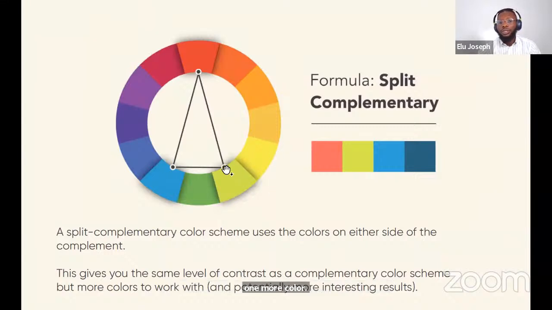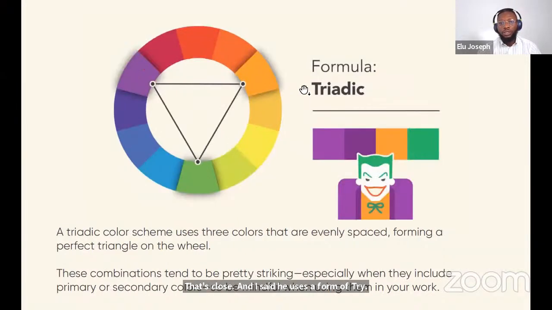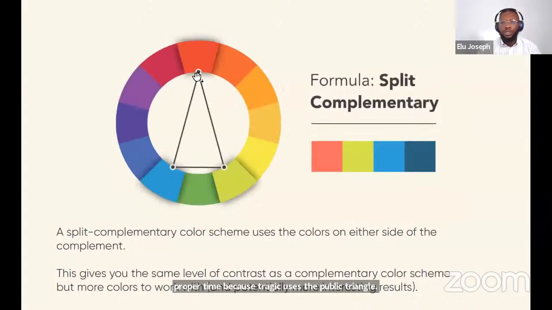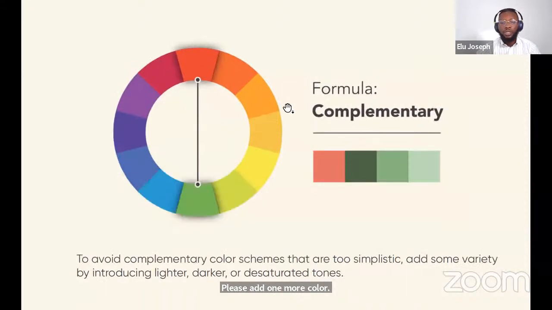And I said it uses a form of a triangle, not a perfect triangle, because triadic uses a perfect triangle. Okay, that's why you see that it's the longer version of a triangle. That's just the difference. Split adds one more color and makes it three colors, but complementary itself is just two colors. Okay, I hope you get that now.